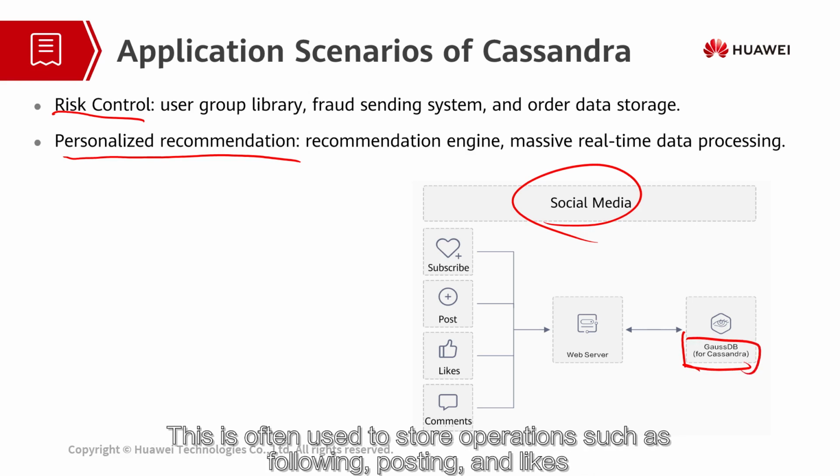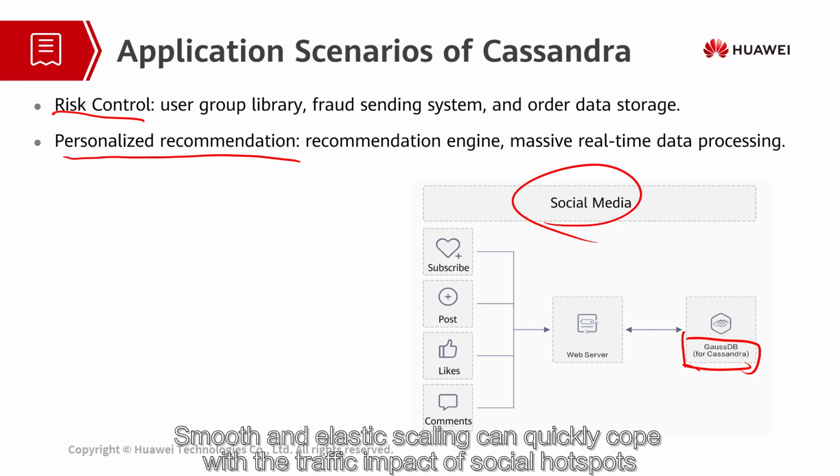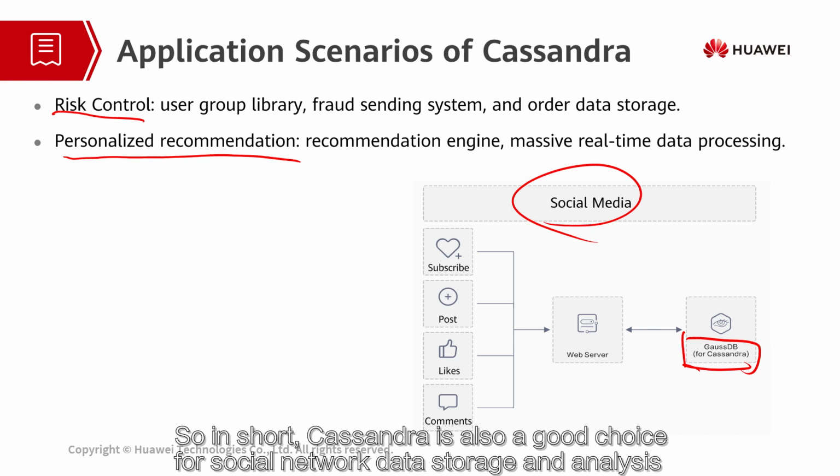This is often used to store operations such as following, posting, and likes. Smooth and elastic scaling can quickly cope with the traffic impact of social hotspots. So in short, Cassandra is also a good choice for social network data storage and analysis.